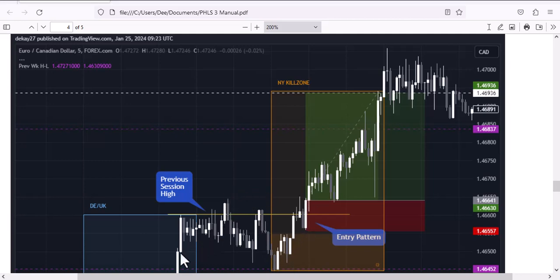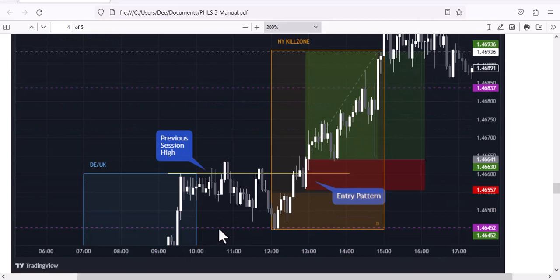And if you notice, there's a weekly high here, and price was moving above it. If price had been moving below it, we should be looking for sells, but it's moving above it. So our bias is more of buys. Anything can happen, but our bias is more of buys.